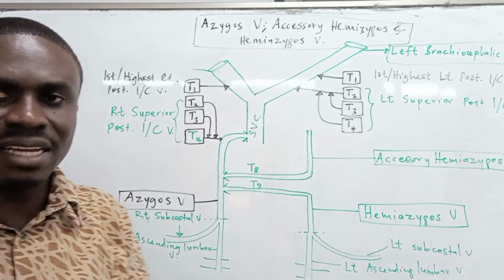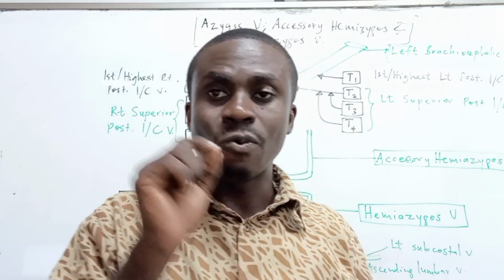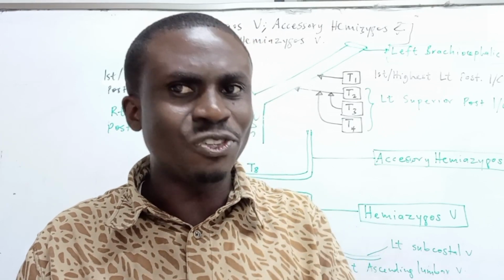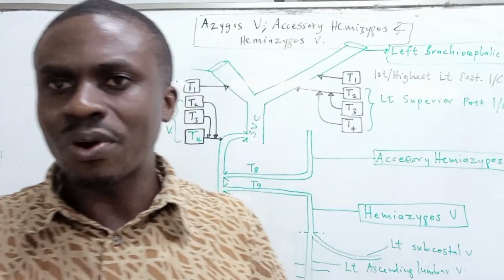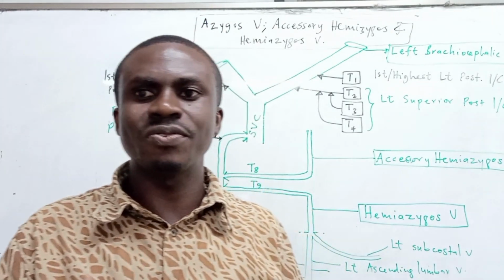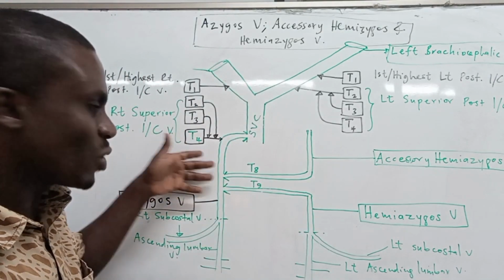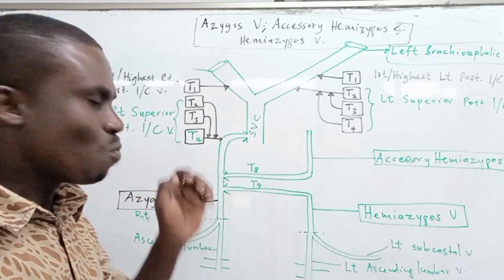But the question is, if I ask you what is the last tributary? That one is not a formative tributary. It is a post-formative contributing tributary. All these things I'm talking about, we formed already, so they don't become formative tributaries.